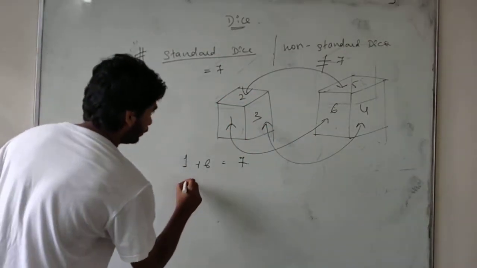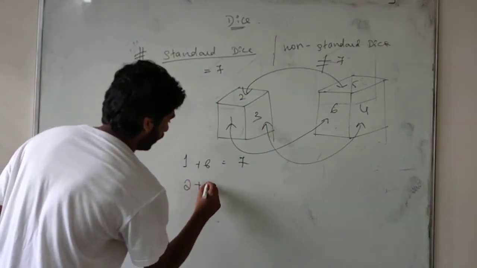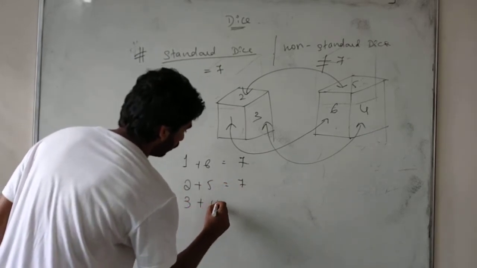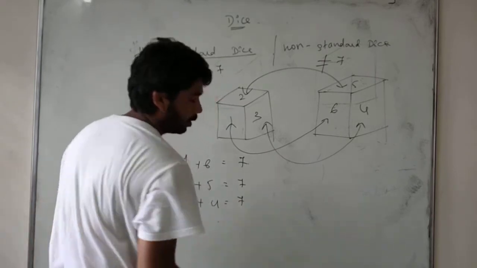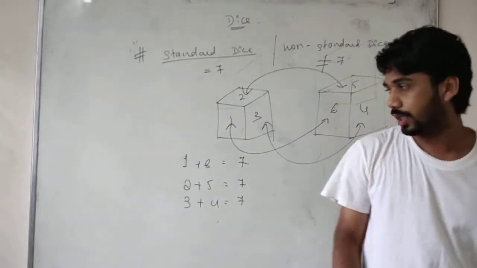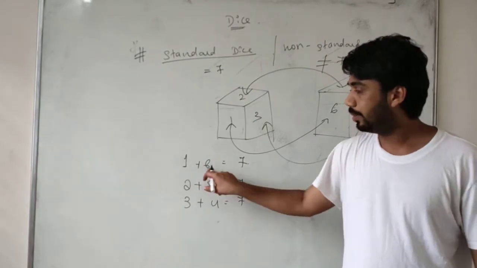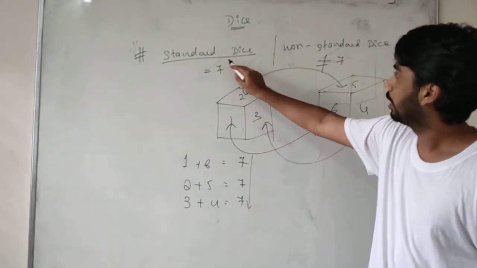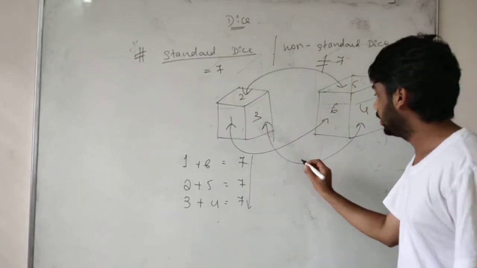So next one, 2 plus 5 is 7. Next one, 3 plus 4 is equal to 7. Now in this one, what we can say is the opposite of 1 will be 6. If we are getting all 7, we call it a standard dash.